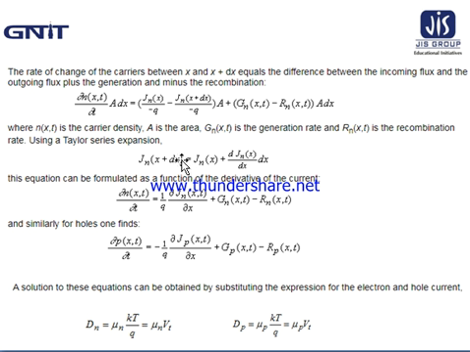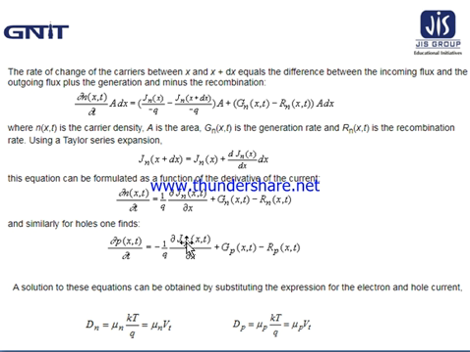Now if we use the Taylor series expansion, then we can write that Jn(x plus dx) equals Jn(x) plus d of Jn(x) by dx times dx. This equation can be formulated as a function of the derivative of the current.